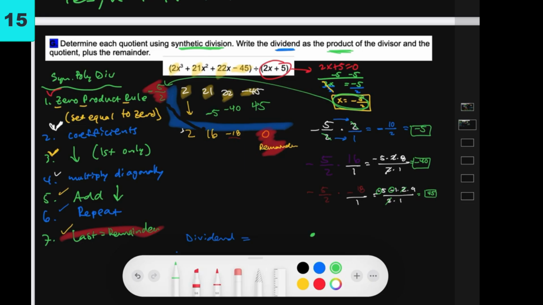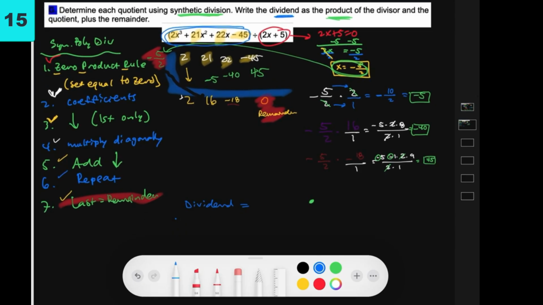So the dividend is what we would go on the inside, right? The dividend here is blue. So let's write that. 2x cubed plus 21x squared plus 22x minus 45 equals, right, the dividend as a product of the divisor.